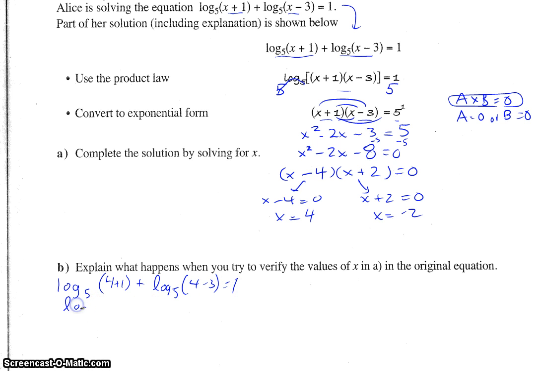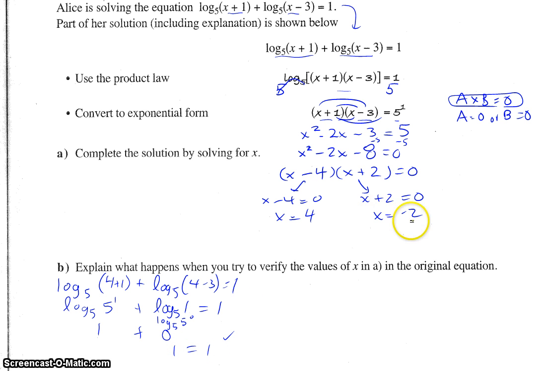So we'd have log base 5 of 5 plus log base 5 of 1. Log base 5 of 5 is 1, because it's the exponent when the bases are the same. And log base 5 of 1 is actually 0, because that's the same as log base 5 of 5 to the 0. And look what we get, 1 equals 1. So that one's all good.